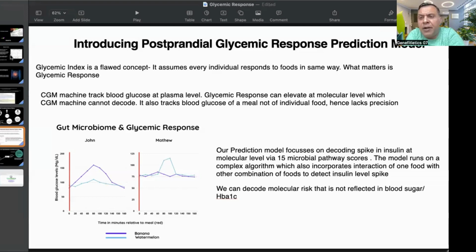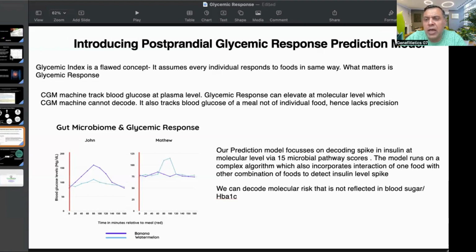So what we have built now is a prediction model which covers 15 microbial pathway scores, decoding the activities of microbes at a molecular level, right? We not only see whether a food or a molecule, if I feed your microbiome, is going to release a pathway or a metabolite which will impact your insulin sensitivity.